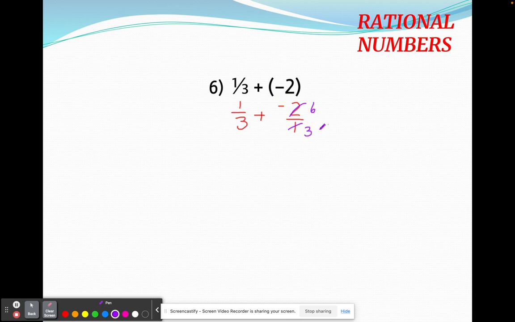My negative is larger than my, well, not larger, but the absolute value is larger than my positive. So negative 6 and 1 is going to be negative 5 over 3. If I wanted to make that back into a mixed number, it'd be negative 1 and 2/3. But I'm okay right now with you leaving it as improper fractions.